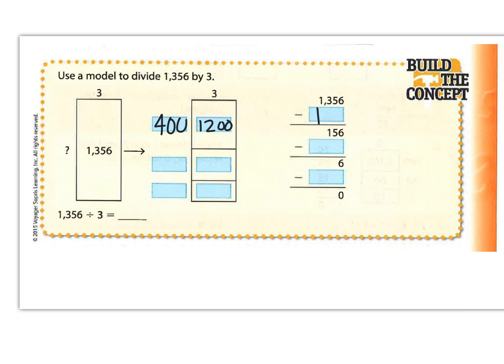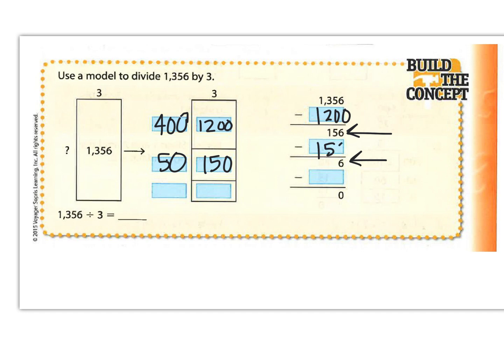And then if we go over here and we take away 1,200, we have 156 left. So now we need to think about how are we going to get 6 left over? Well, that's 150. 3 times 50 is 150. And then we have 6 left over.